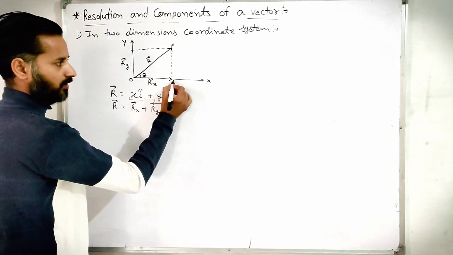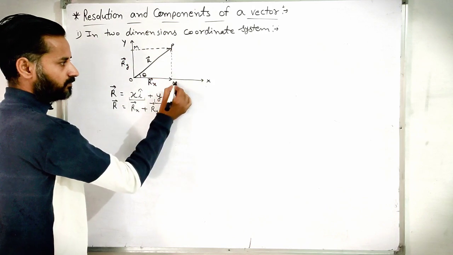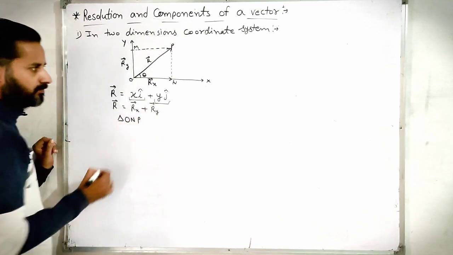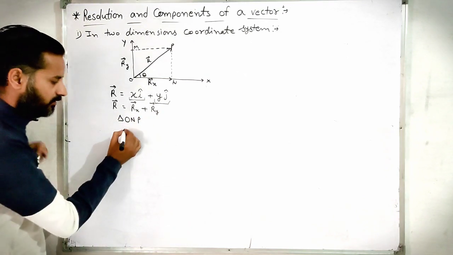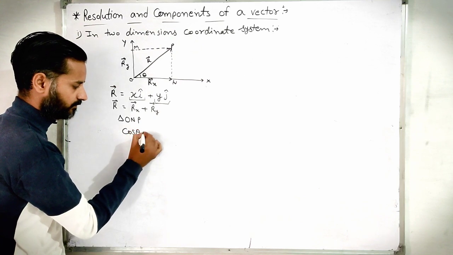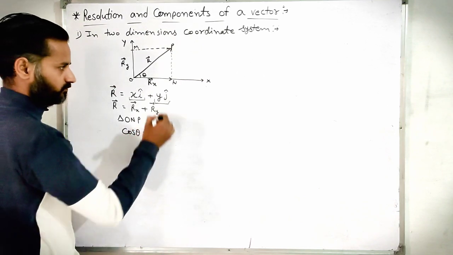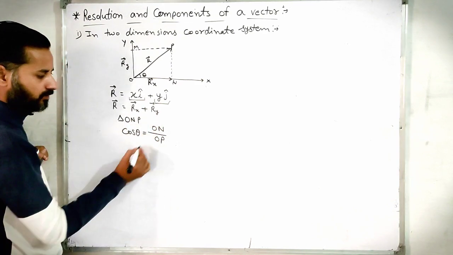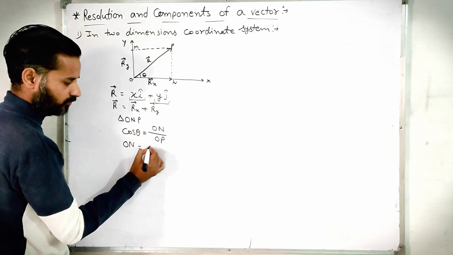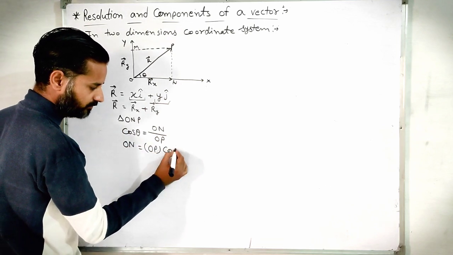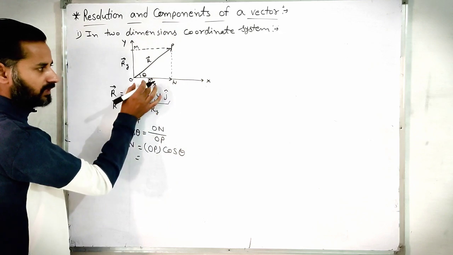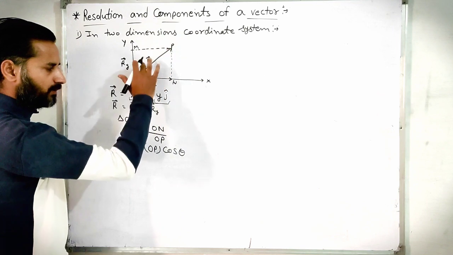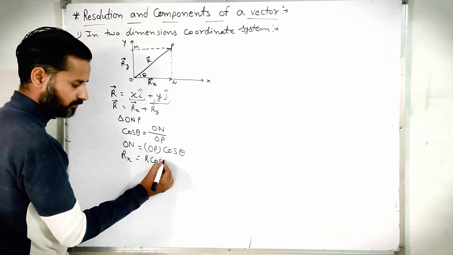Then in this triangle ONP, we get cos theta equal to ON divided by OP, or ON equal to OP cos theta. Since ON is Rx, Rx equals OP cos theta, and OP is R, so Rx equals R cos theta.